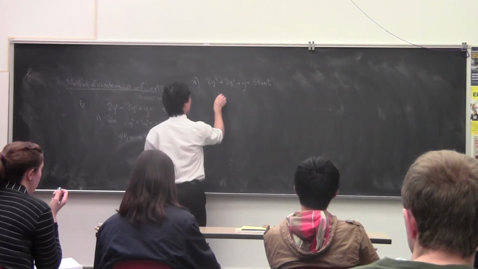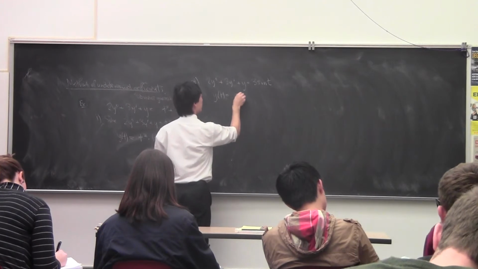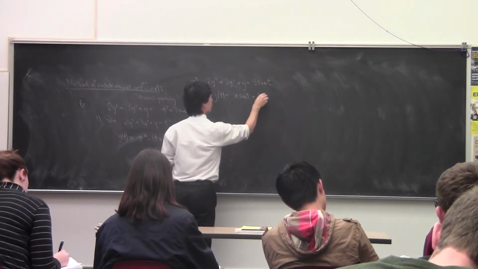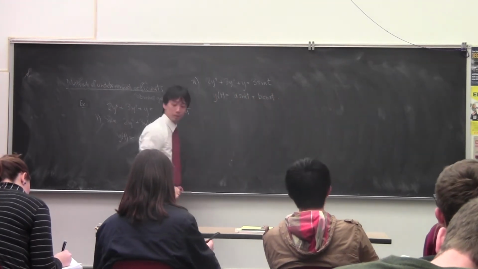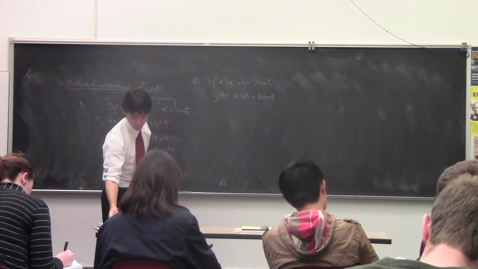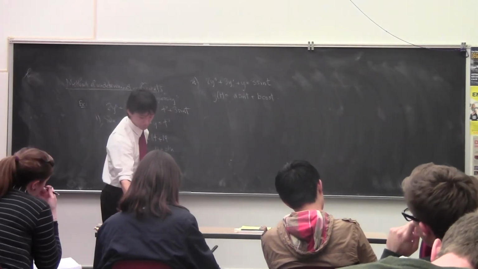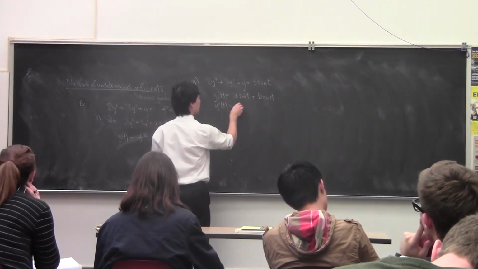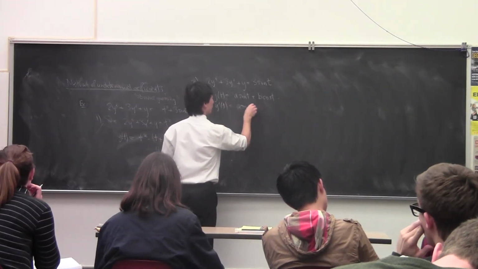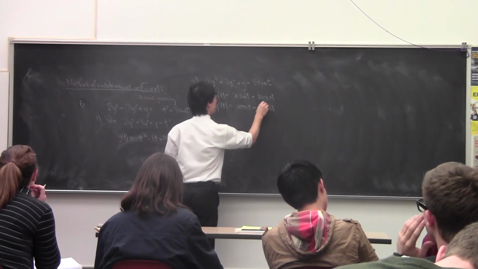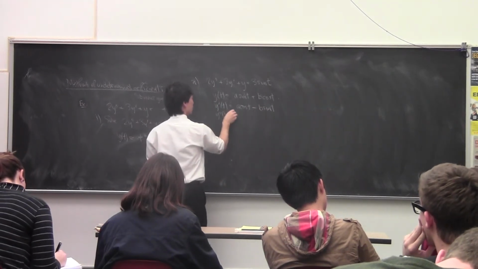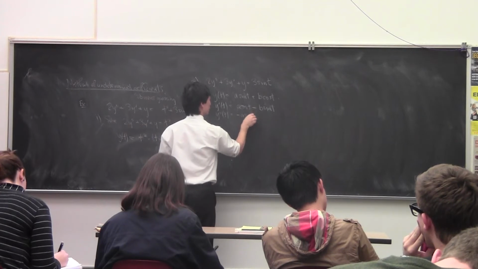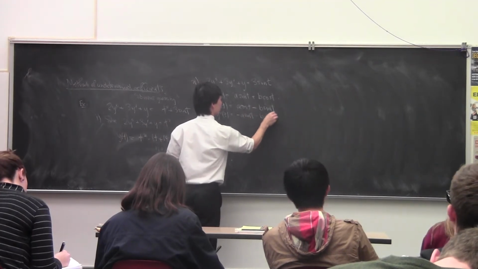Perfect. So you say, well, I'm going to guess that this is going to be a sine t plus b cosine t. In that case, y prime is going to be a cosine t minus b sine t. Double prime is going to be minus a sine t minus b cosine t.